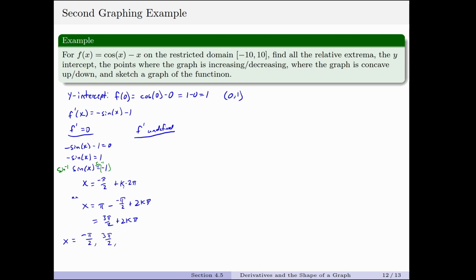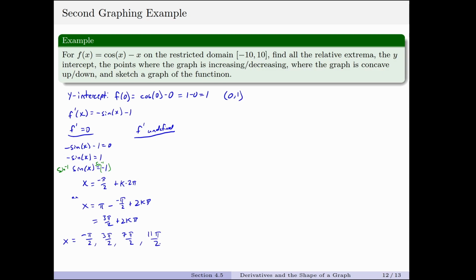When k is 1, I'm going to have negative pi over 2 plus 2 pi, which is negative pi over 2 plus 4 pi over 2, or 3 pi over 2. I say, oh, that's a repeat with what I have down here. So then I add another 2 pi to it, which is another 4 pi over 2. So we'll get 7 pi over 2. If I add another 2 pi, that's another 4 pi over 2, or 11 pi over 2.